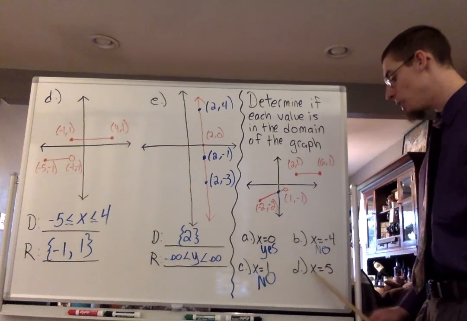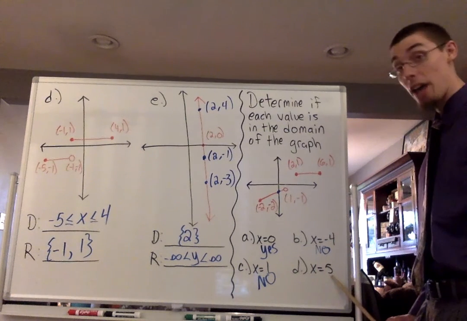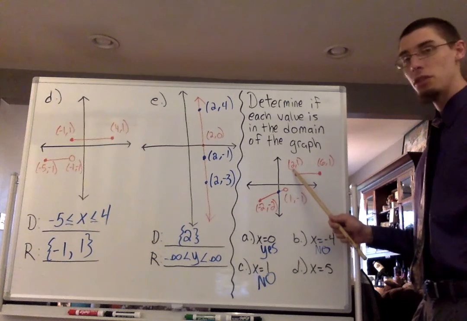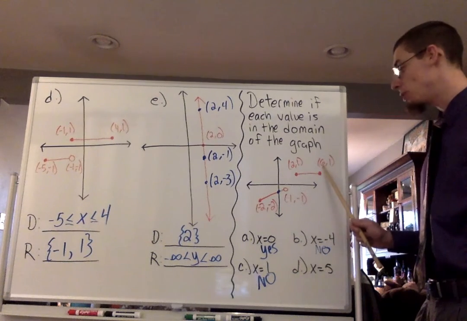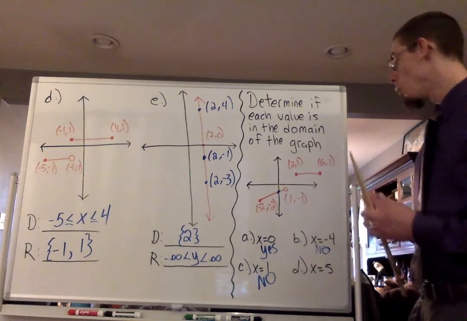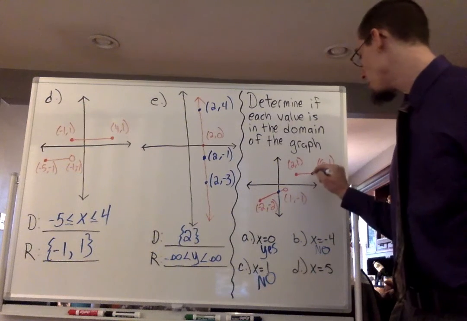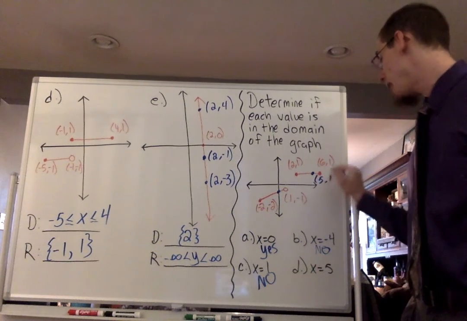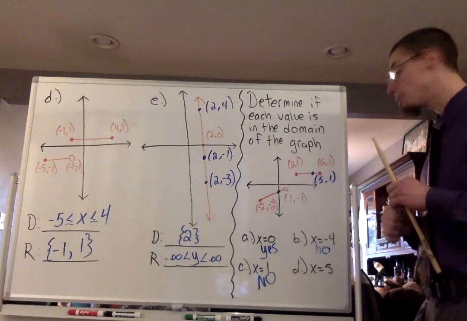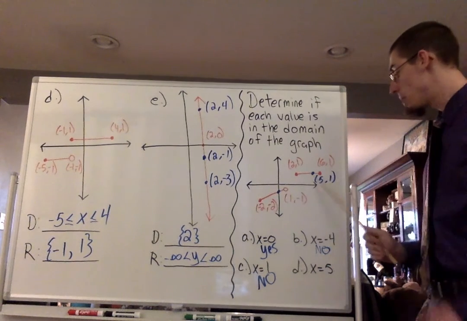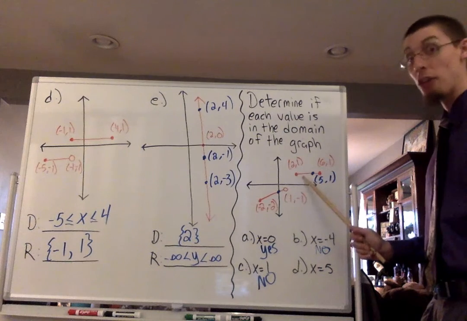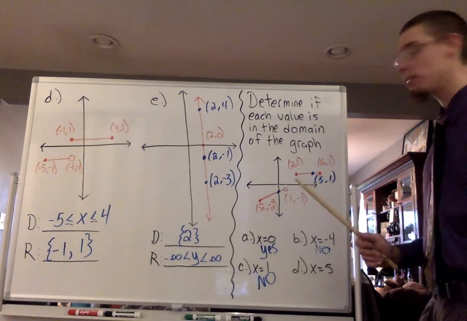And then the last one, x equals 5. Well, if this x value is 2, and it goes up to 6, wouldn't that mean this point right here would have an x value of 5? And I do know the y value would be 1, because it's a horizontal line. Every y value is 1. I don't care about that, though.